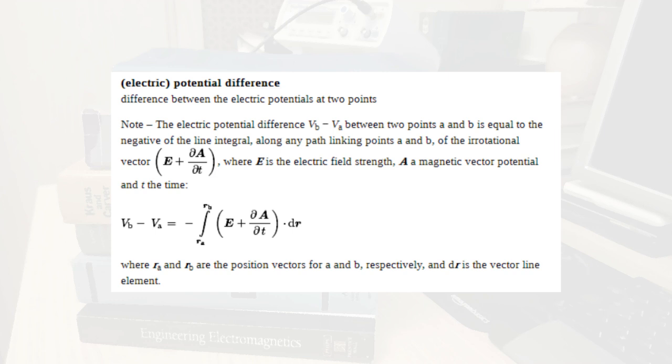I'm not sure why they chose to show V_B minus V_A instead of V_A minus V_B, which would have been consistent with all other formulas shown. Probably the two entries were edited by different authors. Anyway, the formula is correct and represents the potential difference that is part of the voltage U sub BA in the IEC notation.